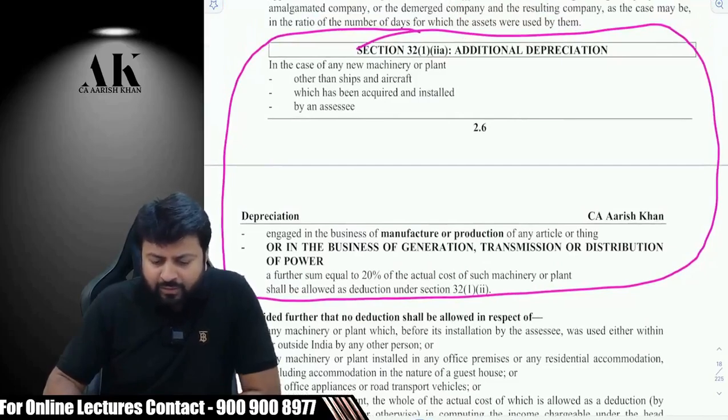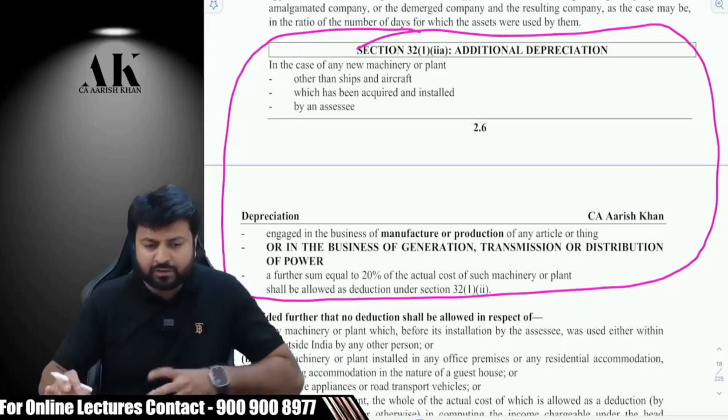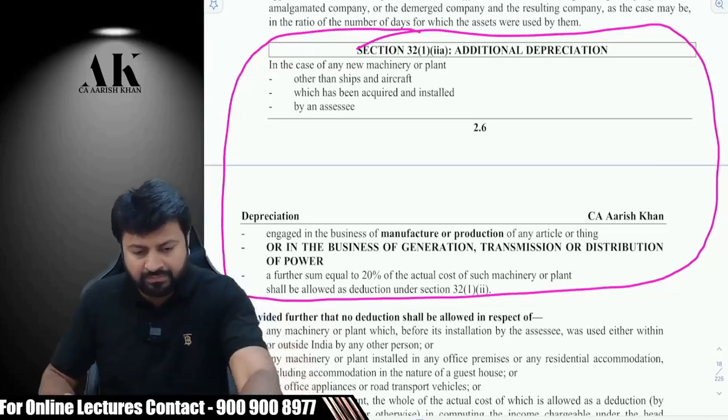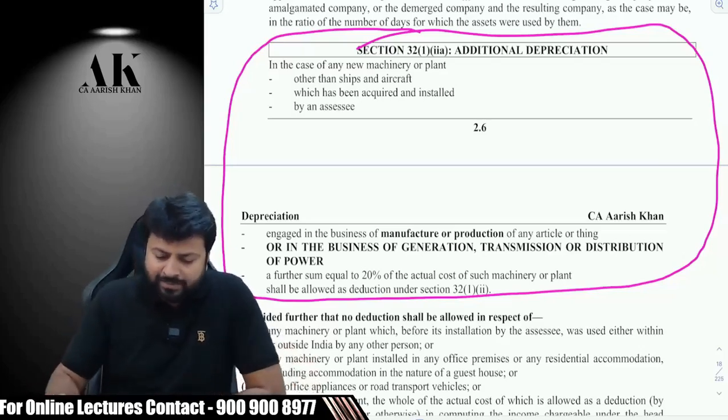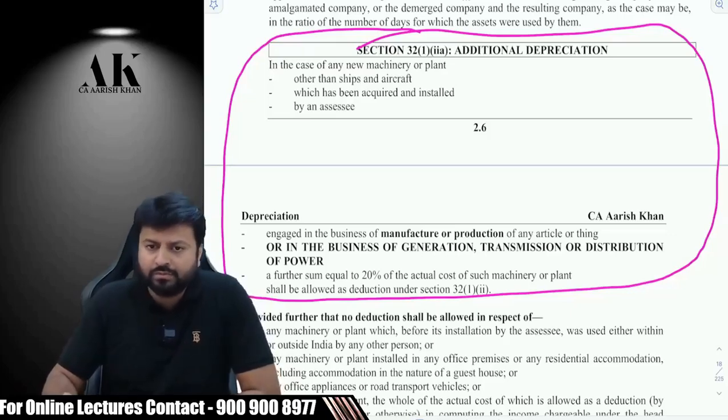In case of any new machinery or plant, other than ships and aircraft, which has been acquired and installed by an assessee engaged in the business of manufacture or production of any article or thing, or in the business of generation, transmission, or distribution of power, a further sum equal to 20% of the actual cost of such machinery or plant shall be allowed as deduction under section 32(1)(iia).